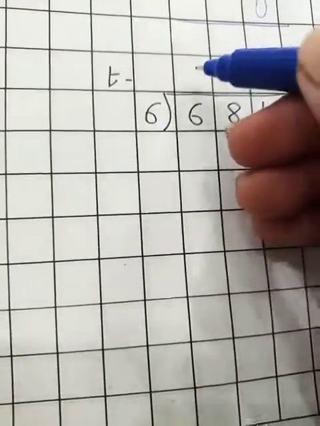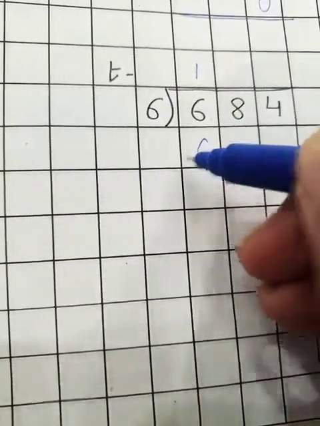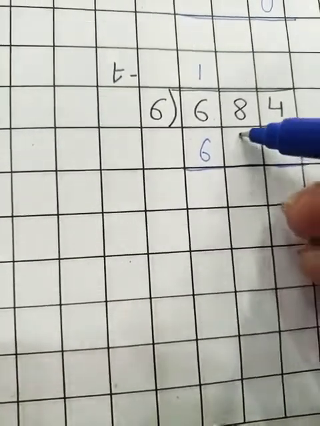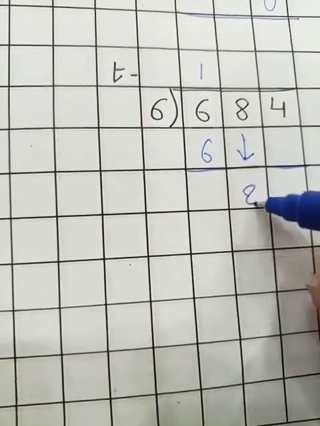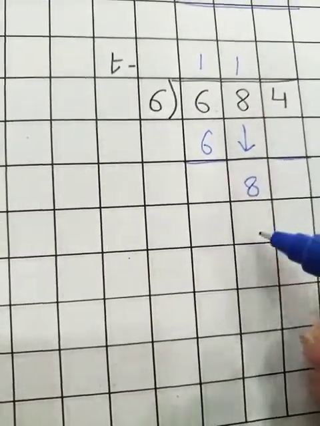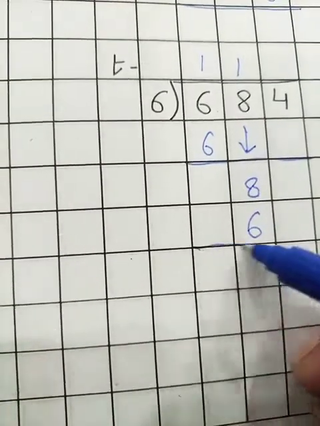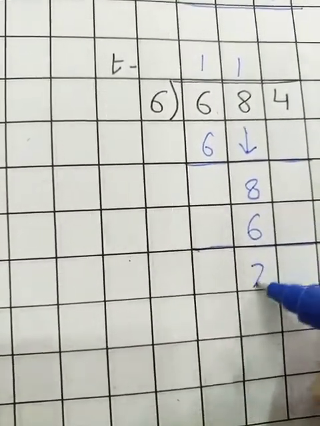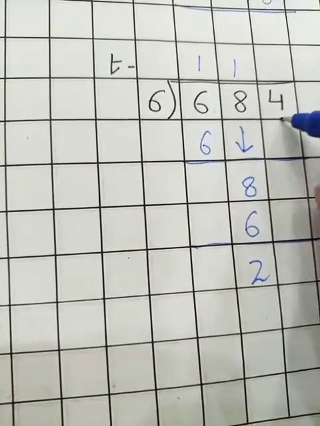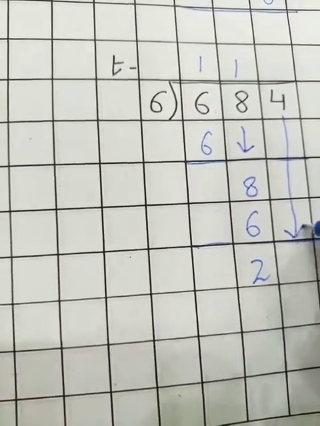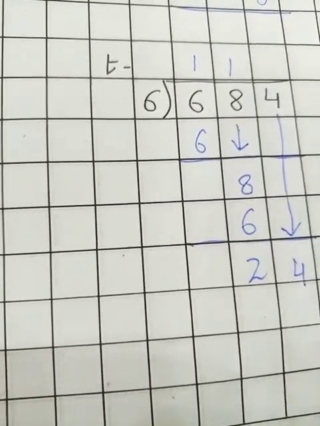Next is the last part of our today's question. Compare the first digits. 6 ones are 6. Bring the 8 down here. 6 ones are 6 again. 8 minus 6 is 2. This 2 is smaller than my divisor, so I am bringing this 4 down. This will become 24.